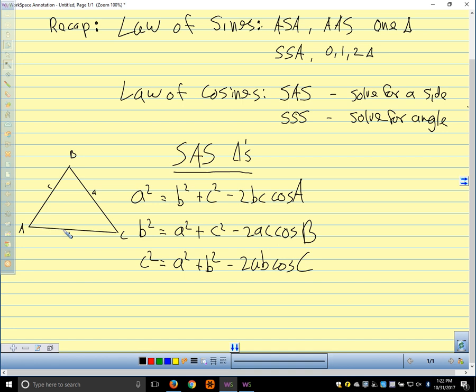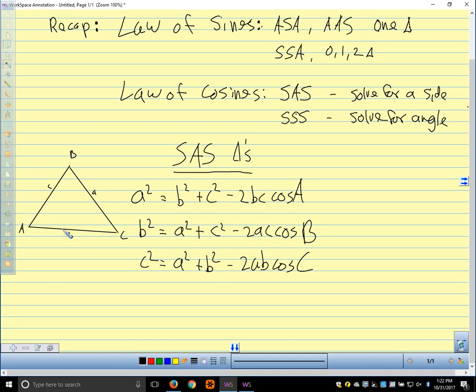Couple of other points about the equations. Whatever side we're interested in, a here, the angle is on the other side of the equation. On the other side of the equation, only the other two sides are involved: b and c here. Here we have b squared, cosine b, and the other sides here are a and c. Here we have c squared, angle c, and then here we have just a's and b's.